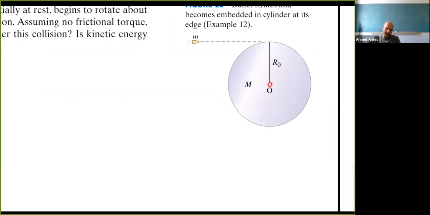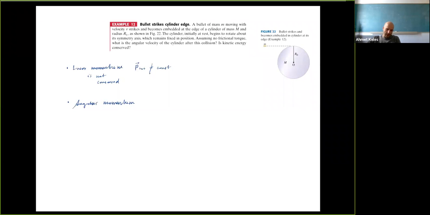Yes, that could be a force, but its torque will be zero because R is zero, right? There cannot be any torque around this point, and you cannot turn a wheel by applying a force at its center. So angular momentum is conserved since torque is zero. Then we can use this to find the velocity after the collision.